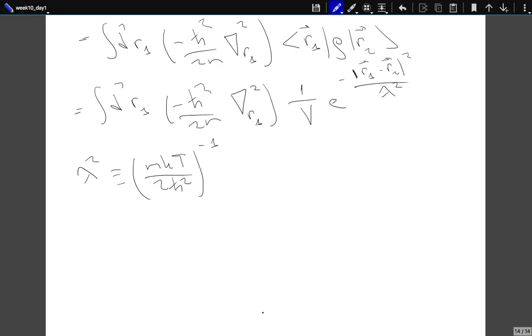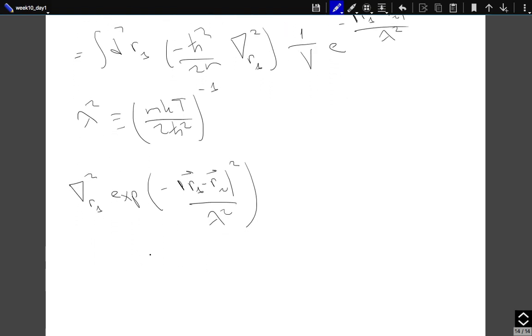Now let's evaluate that Laplacian of the exponential of minus (r1 minus r2) squared over lambda squared. The easiest will be to use Cartesian coordinates.